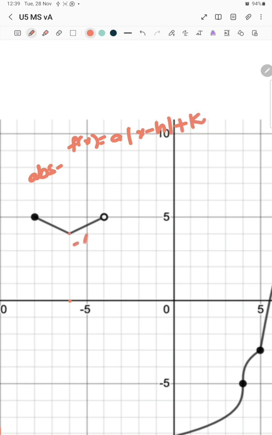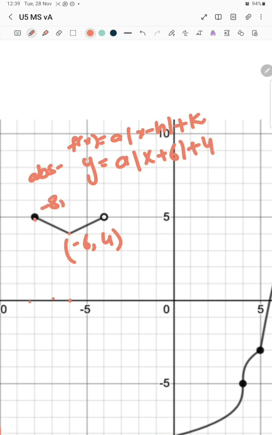This is -6 and 4, so it would be y is equal to a mod x plus 6 plus 4, and we're going to find a, so we will take this point, -6, -7, -8, -8 and 5.